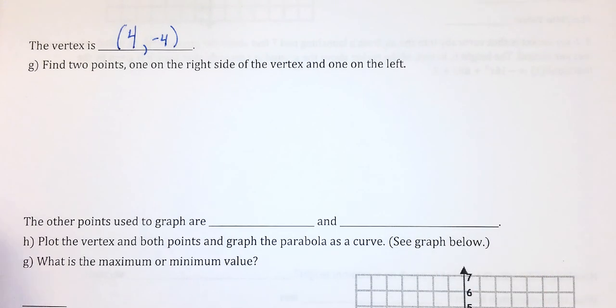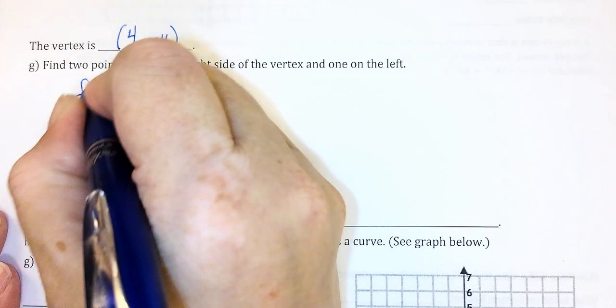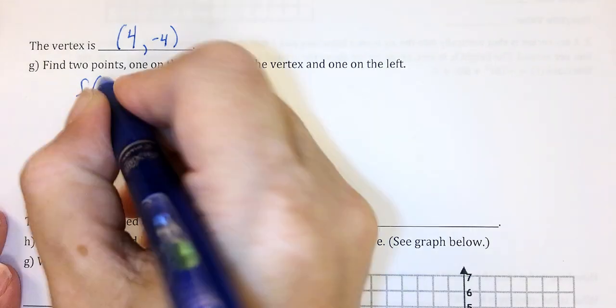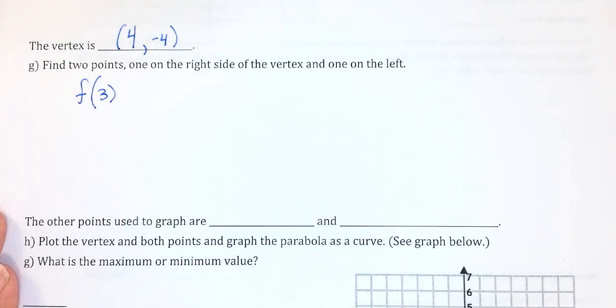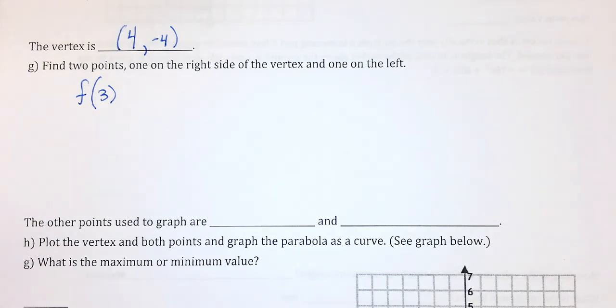Let's say that our vertex is 4, negative 4, and we want to find a point 1 unit to the left and 1 unit to the right. We want to know what's happening around the vertex. So let's find f of 3. That would be 1 unit to the left. If I have 4 as the x value, 1 unit less would be 3.